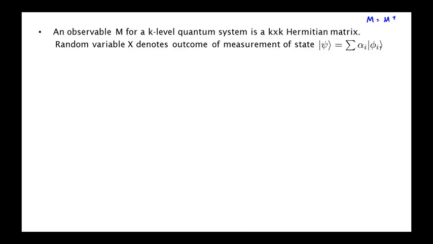Now if we measure this observable, we get a random outcome. And let's let the random variable x denote the outcome of this measurement. What we want to do is understand the distribution of x.